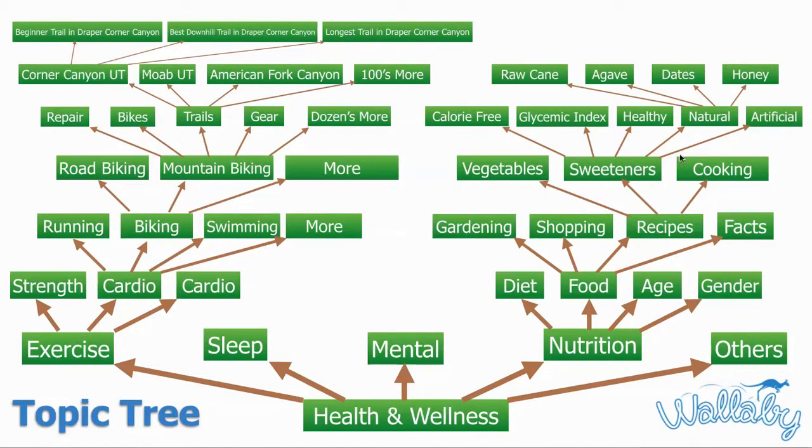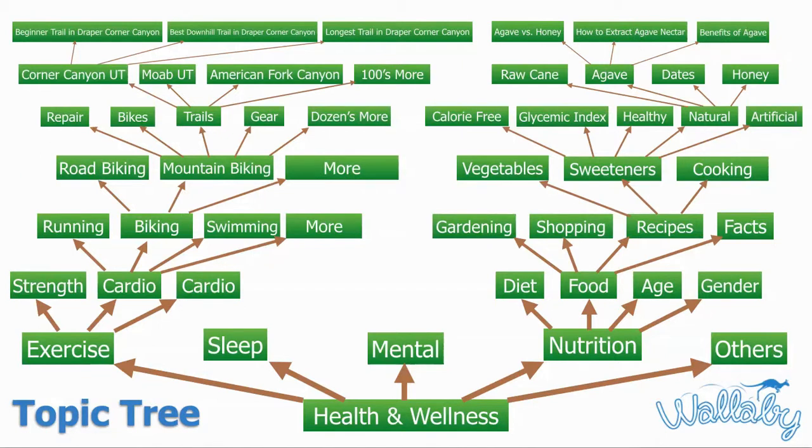We could talk about different natural sweeteners such as honey or dates or agave or raw cane. And if we took agave even deeper, we could talk about agave versus honey, or how to extract agave nectar, or the benefits of agave.